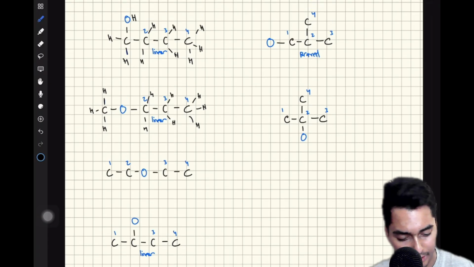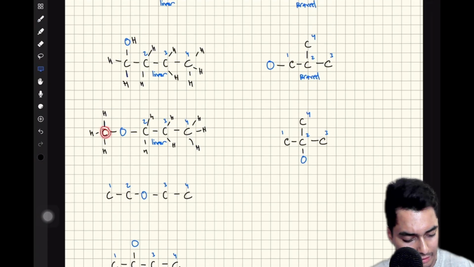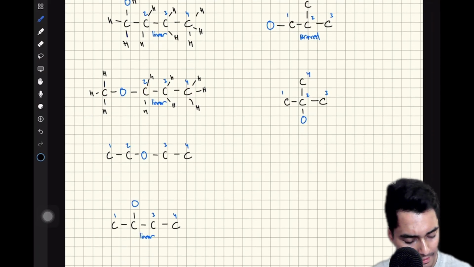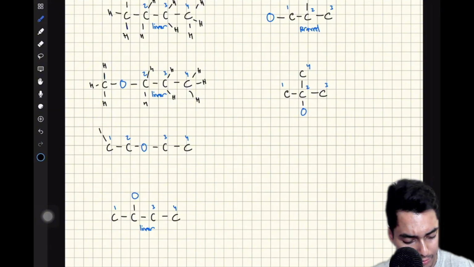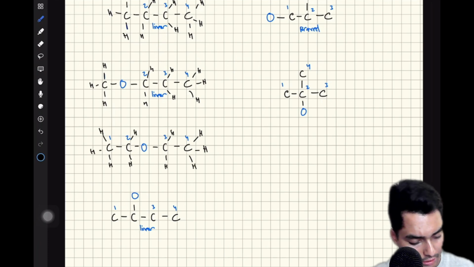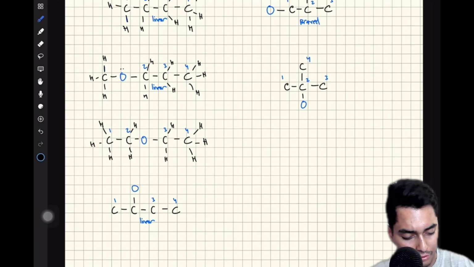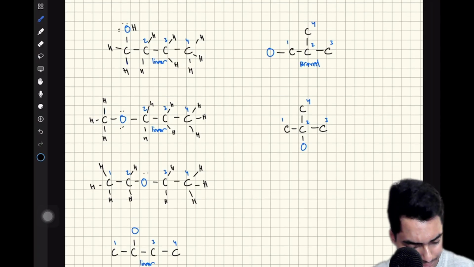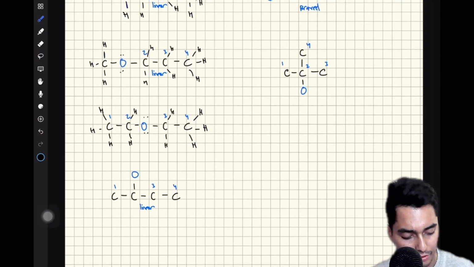And this one again is indeed another C4H10O. Now let's do this next guy here. We have 1, 2, 3, 4, 5, 6, 7, 8. Remember, all the carbons need to have a total of 4 bonds. Let's also add these lone pairs on the oxygen as well, since we're at it. Okay, so this is again another C4H10O.